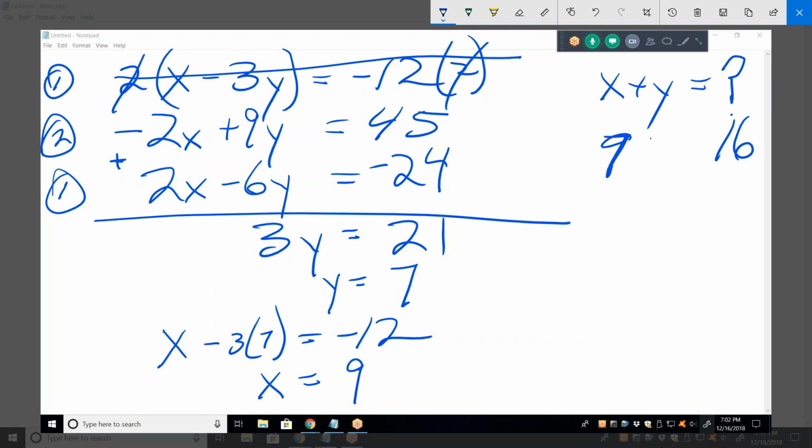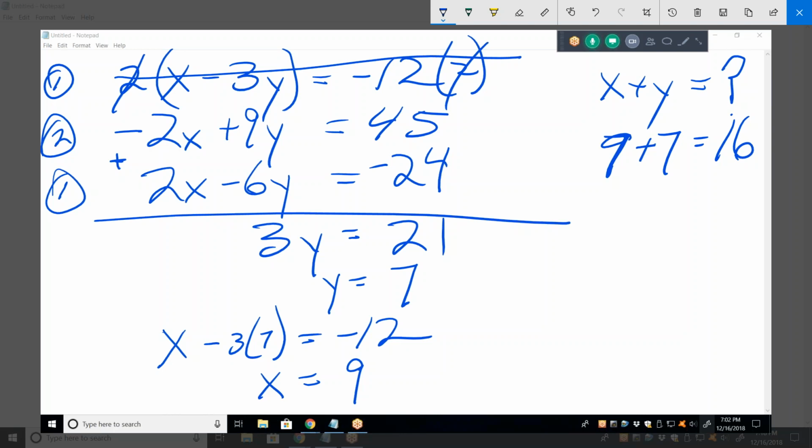9 plus 7. And it doesn't really matter which variable you solve for first. Notice another option would have been to multiply the top by 3 instead of 2, and that would have caused the y variable to be gone when we added the two equations.